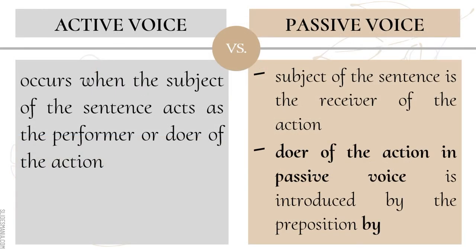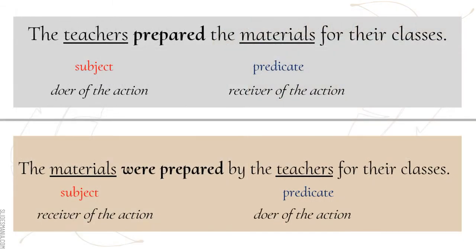Active voice occurs when the subject of the sentence acts as the performer or doer of the action. Now, in our example, you can note that the teachers are actually the doer of the action, someone who does the action.